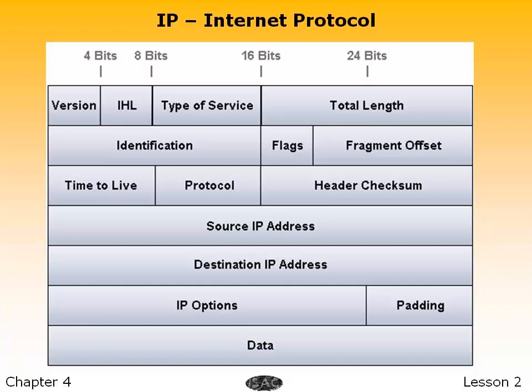IP versions from 0 to 3 were development versions of IPv4 and were used between 1977 and 1979. Version 5 was used by the Internet Stream Protocol, an experimental streaming protocol.